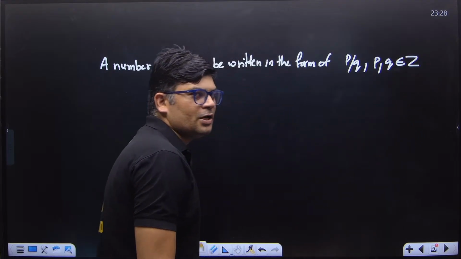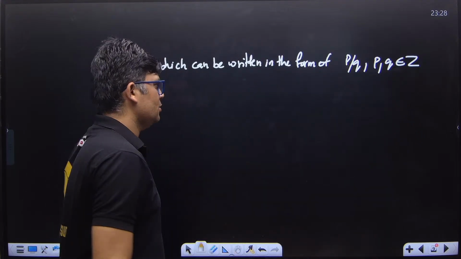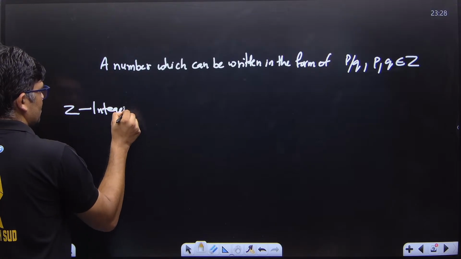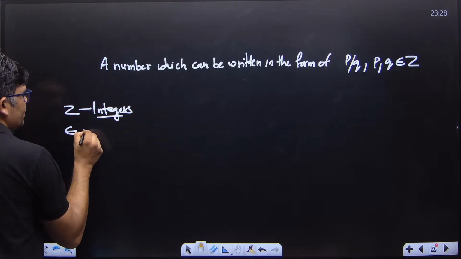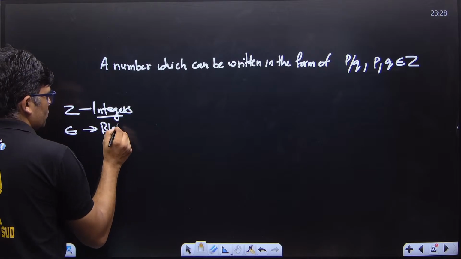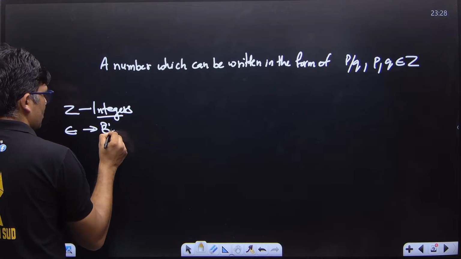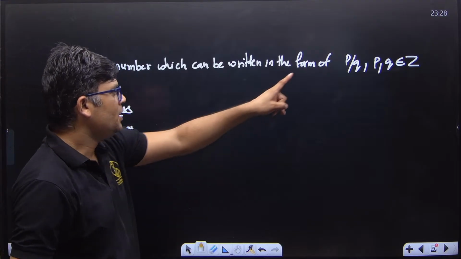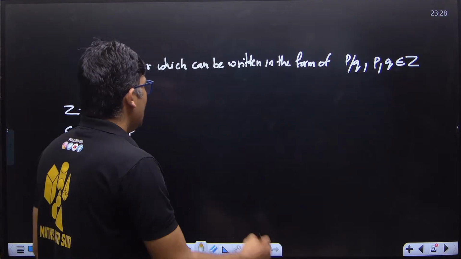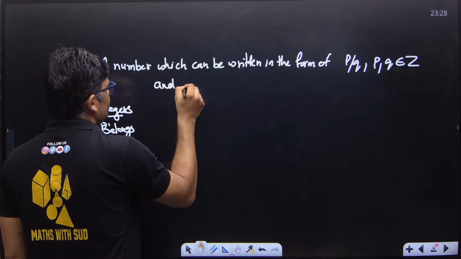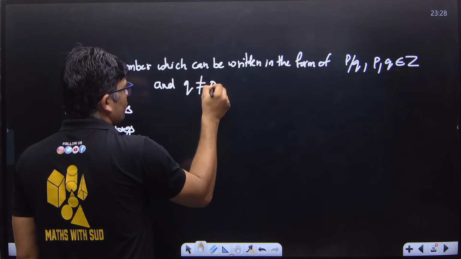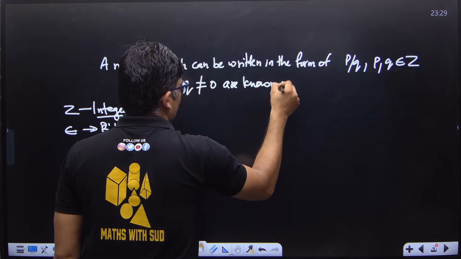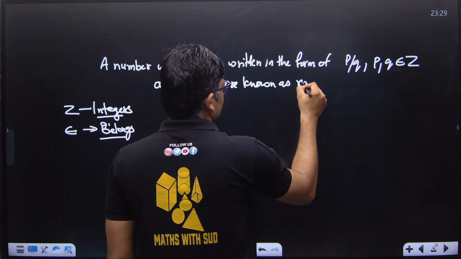Z is the symbol used to denote integers, and this symbol means belongs to. I'm using symbols more often, so you should understand. So p and q belong to integers, and there is a rule: q cannot be equal to 0. Such numbers are known as rational numbers.